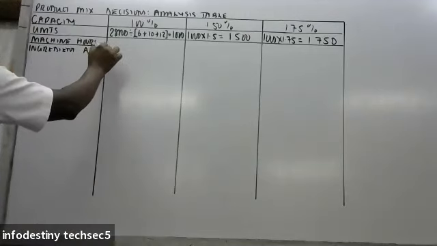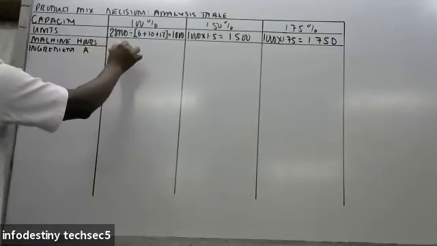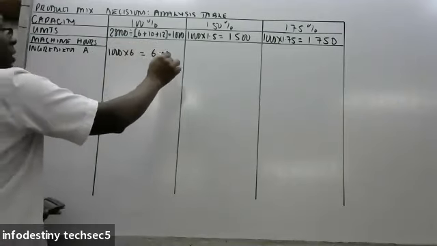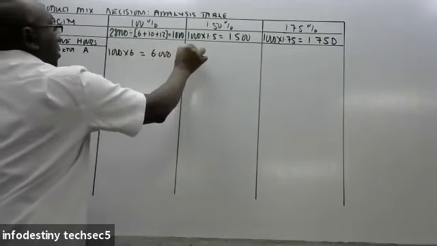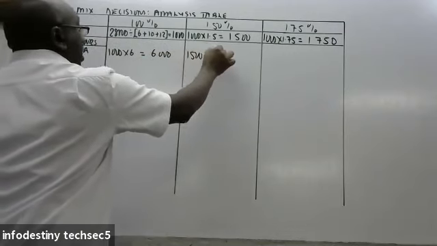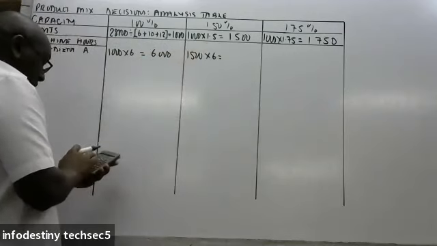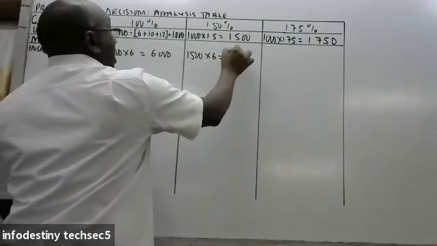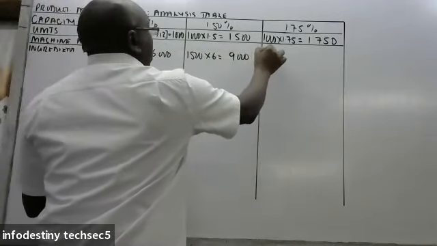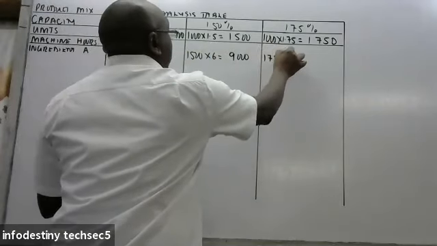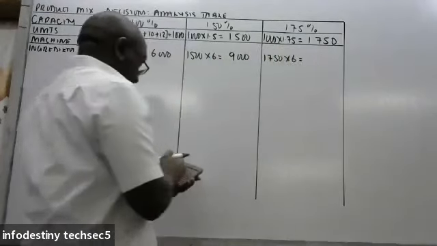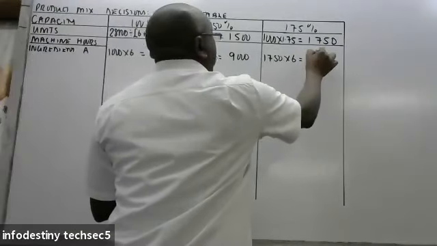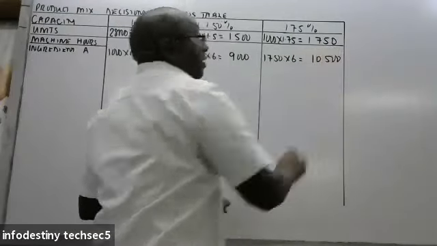It will be 1,000 times 6, that is 6,000. The other one will be 1,500 times 6, which is 9,000. Then 1,750 times 6 is 10,500.